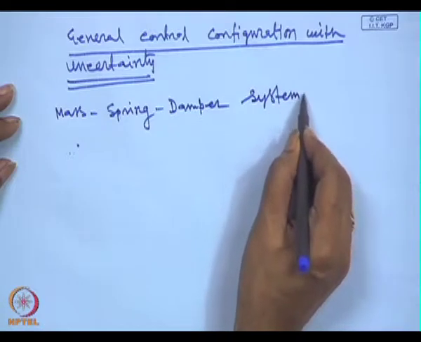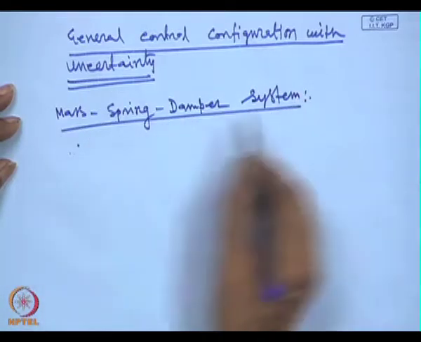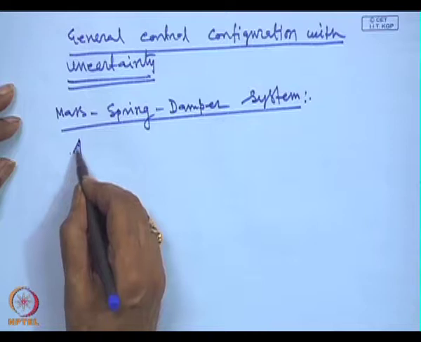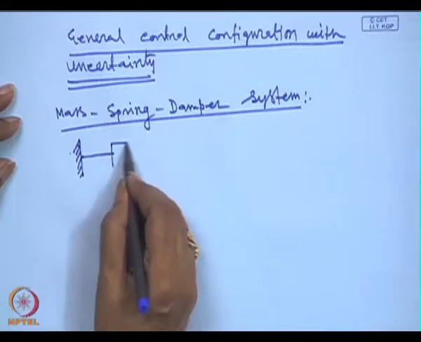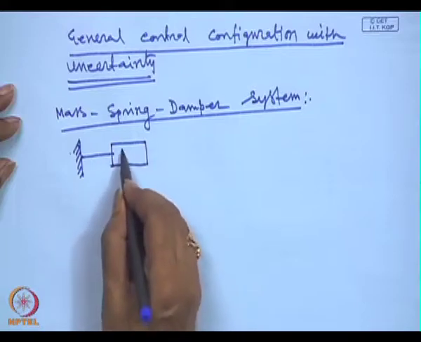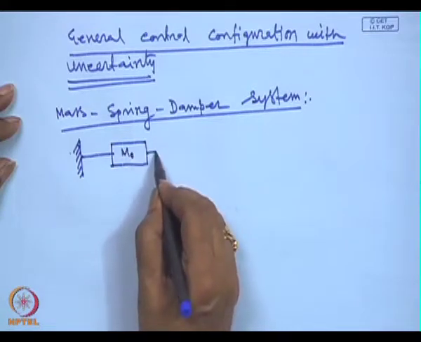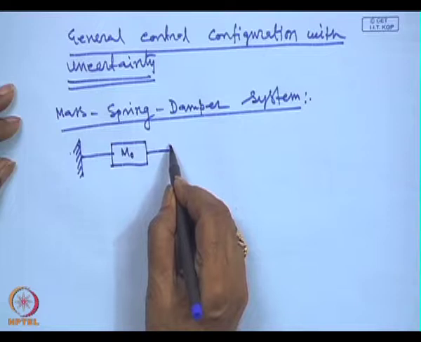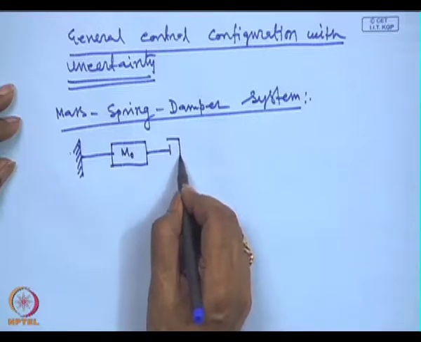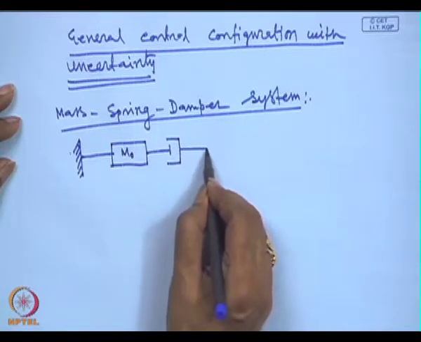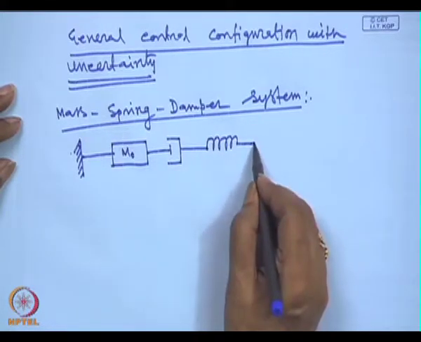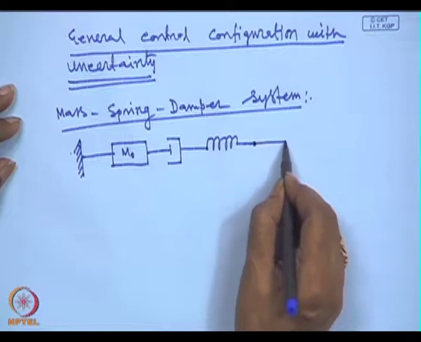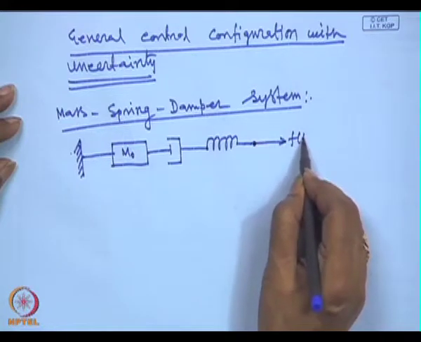We have a reference frame, we have a mass m 0, and we have a damper, then we have a spring, and we have applied a force F of t here.